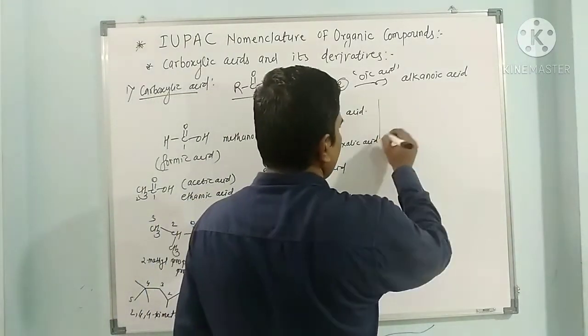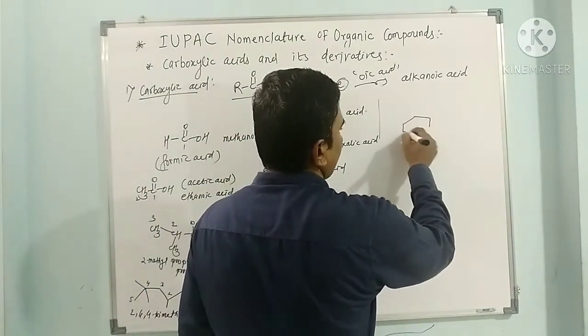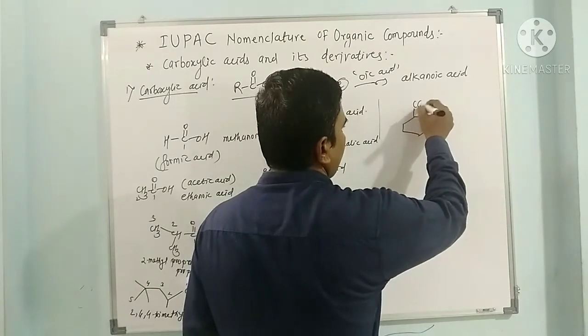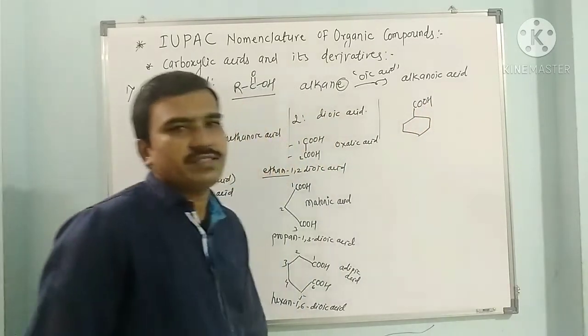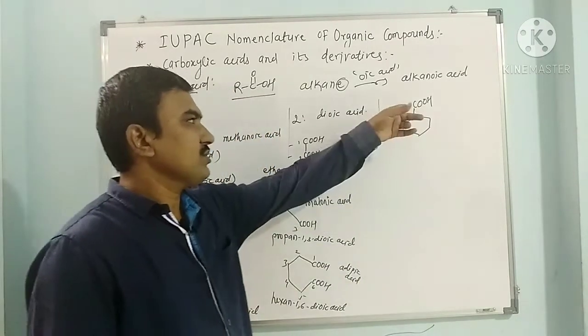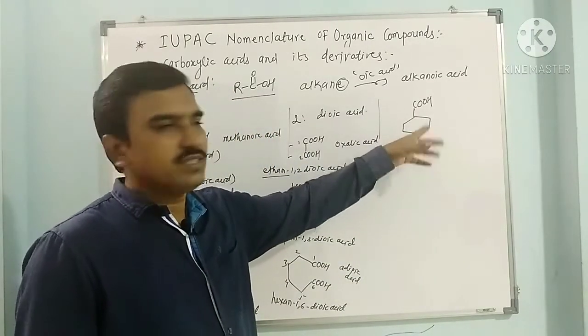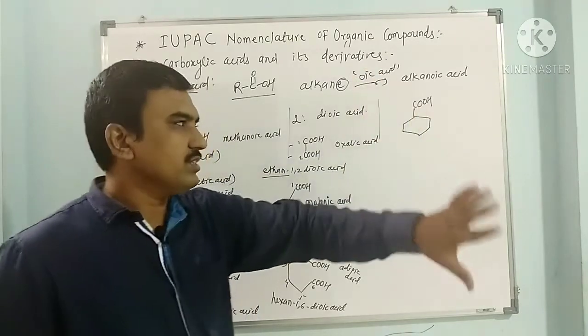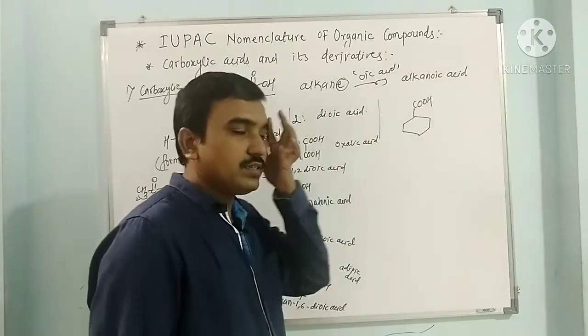Now we have to see cyclic compounds. Cyclohexane carboxylic acid, not cyclohexanoic acid, because here the carboxy group is additional to the cyclohexane. Cyclohexane has 6 carbons. This carboxylic acid is another group.